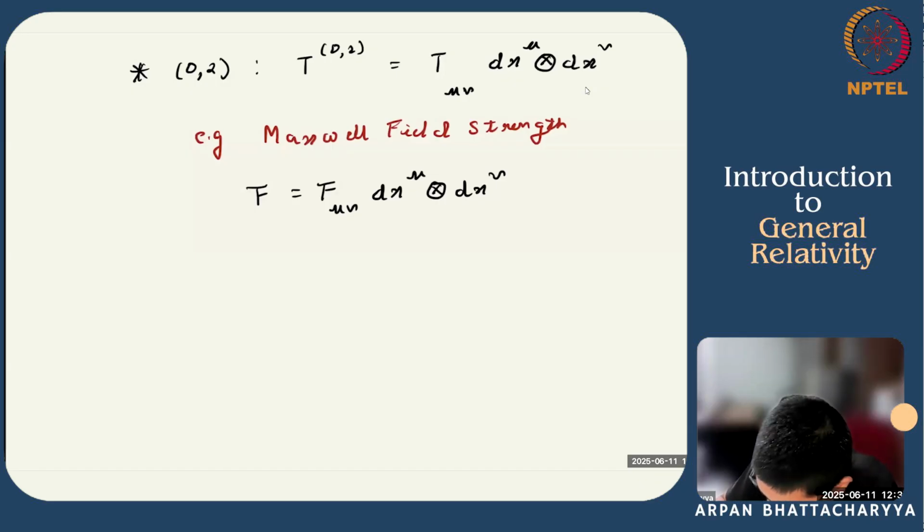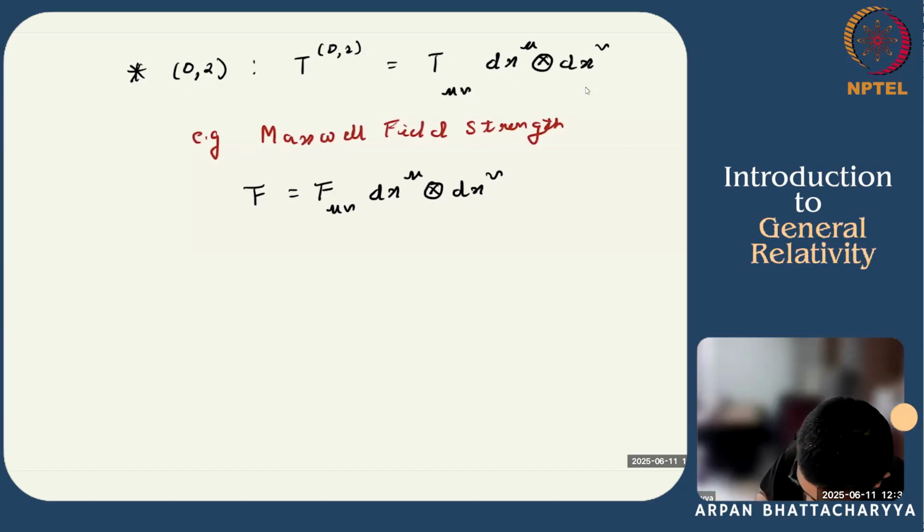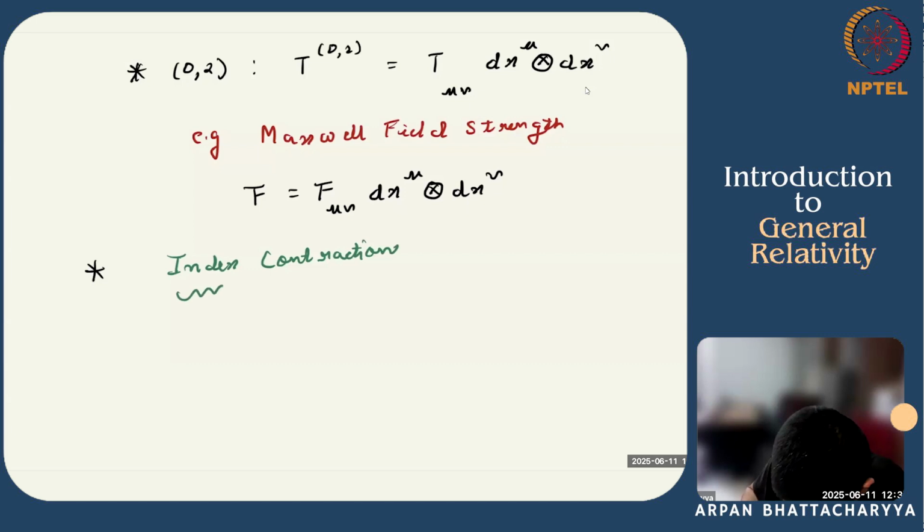Okay, so now let's discuss something called index contraction. Let's take a simple example: a one-form omega acting on a vector v.